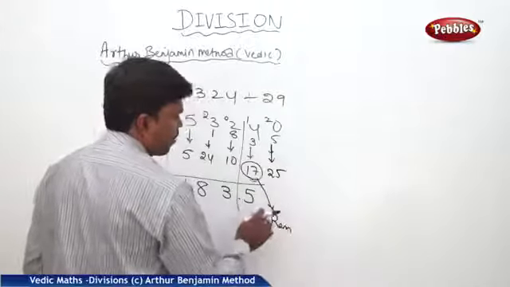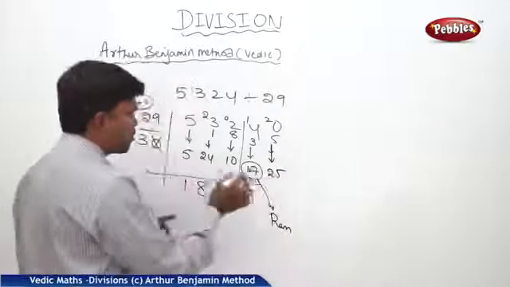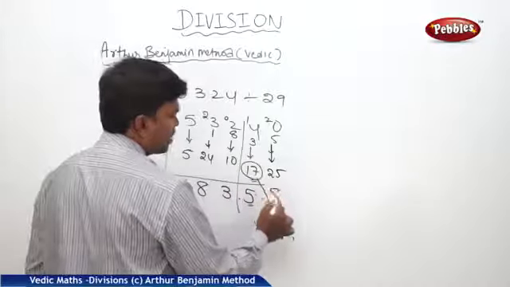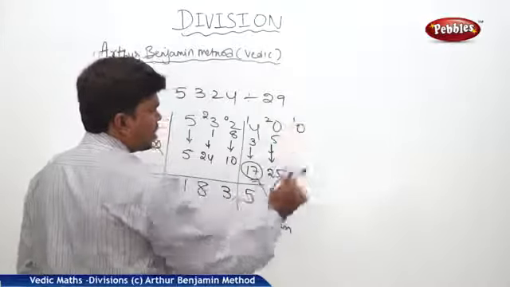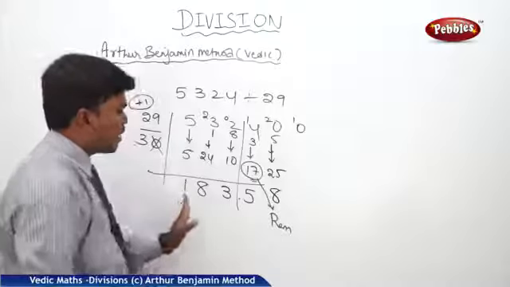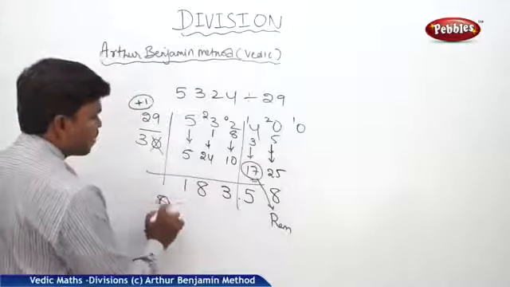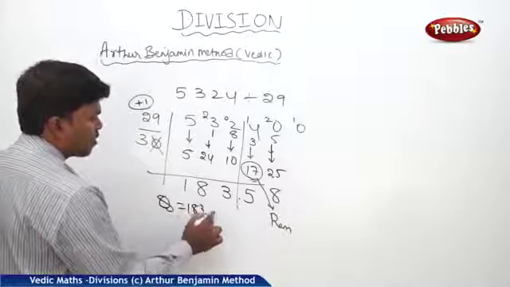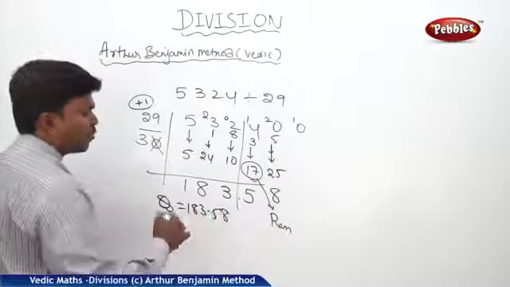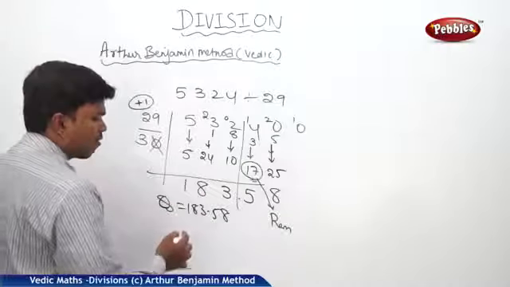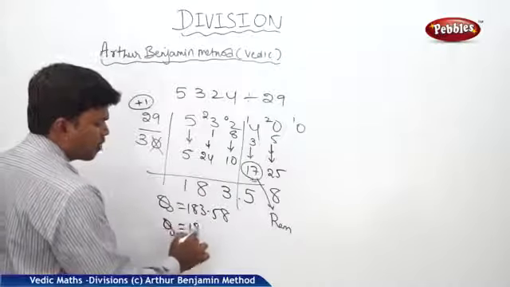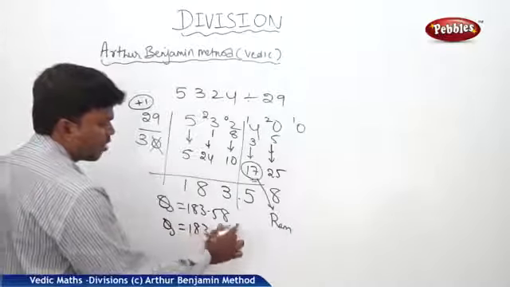Now 25, how many times does it go in 8? 3. 3 eights are 24. Remainder 1. Anyhow, so 183.58. This is my answer. Simply you can write directly 183.58. Or if you want to write in quotient remainder form, quotient will be 183 and remainder will be 17.